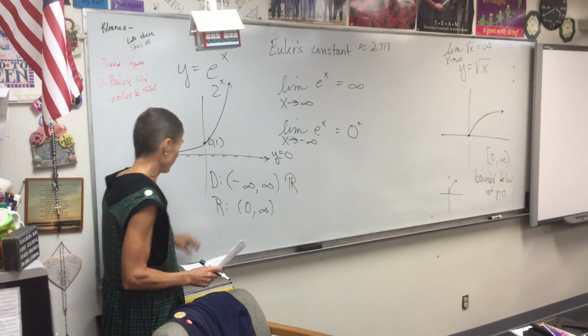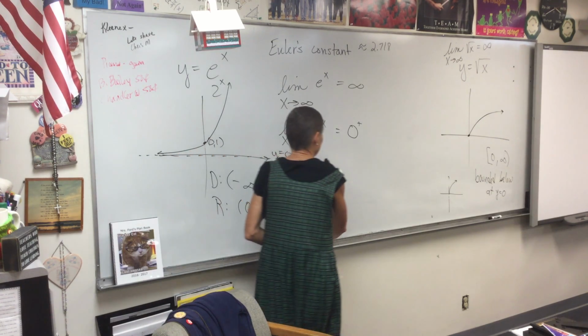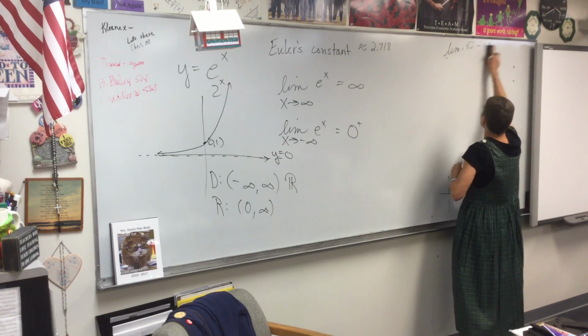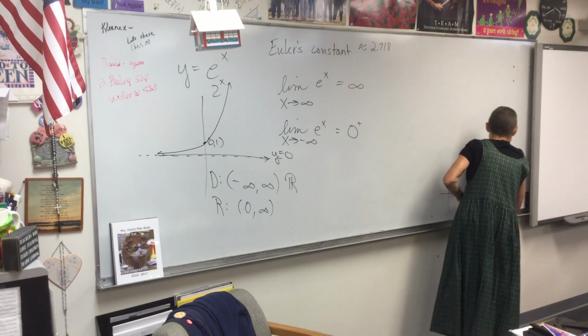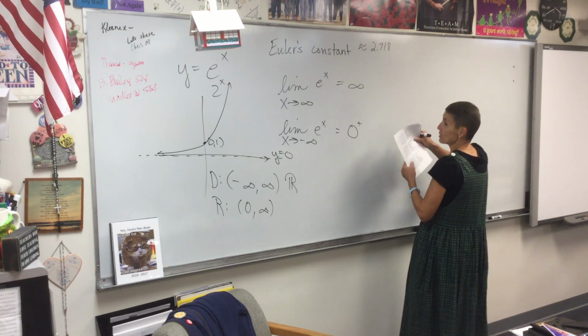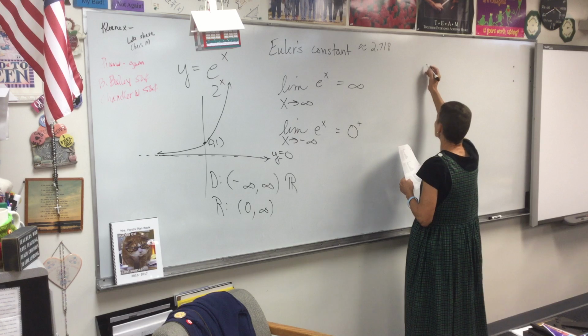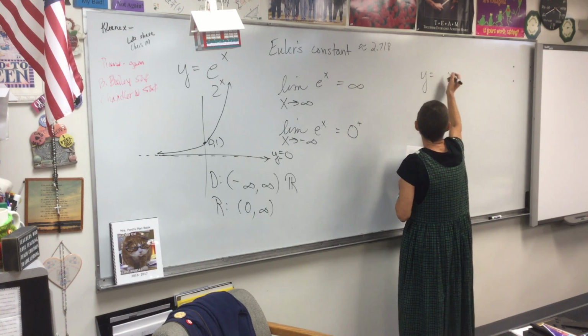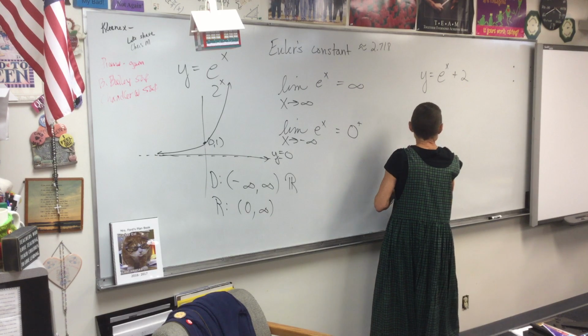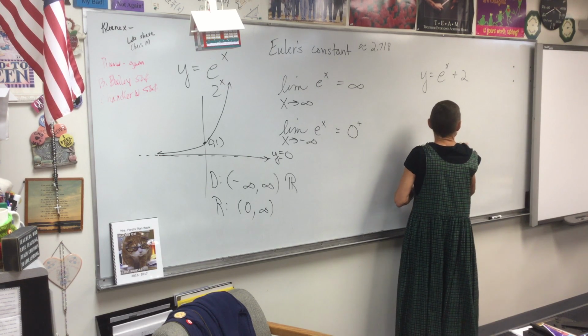Now this is a perfect one. I'm going to stop here for a minute because I want to do some review. This is a perfect one to make sure you understand the transformations that we talked about the other day. So let's suppose I want you to consider this problem, and this problem.